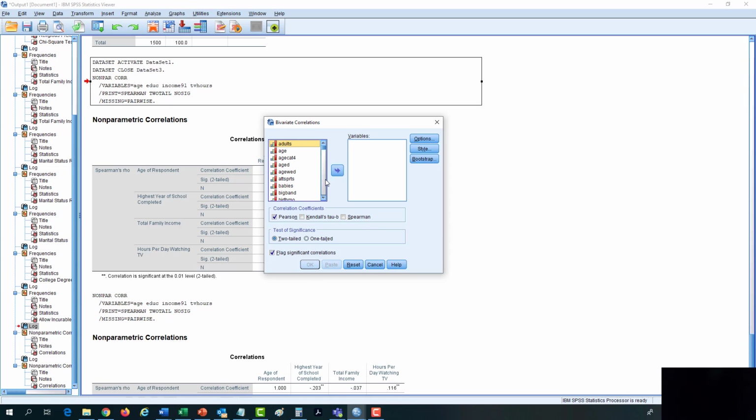Okay, so I'm just going to click reset and start over from scratch. So let's see, what do I want to look at? I don't know. How about, no. We already did that.